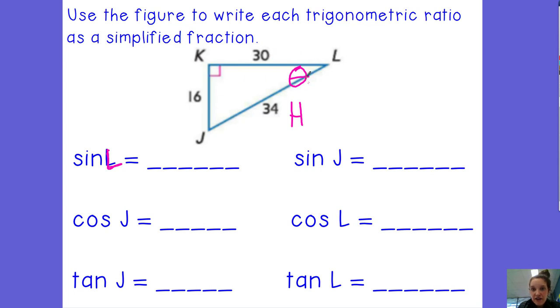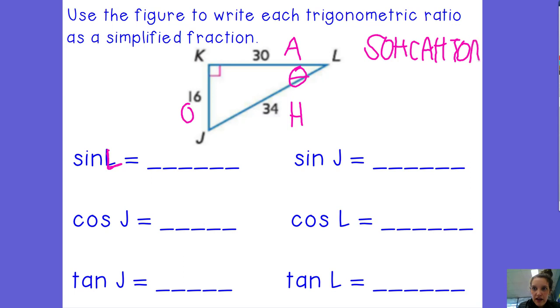Well, if my angle is L, 16 is all the way on the opposite side of the triangle. So 16 is going to be my opposite side, and 30 is going to be my adjacent side. So when my theta is L, my opposite side is 16 and my adjacent side is 30. Okay, I'm going to put SOHCAHTOA at the top of my paper.